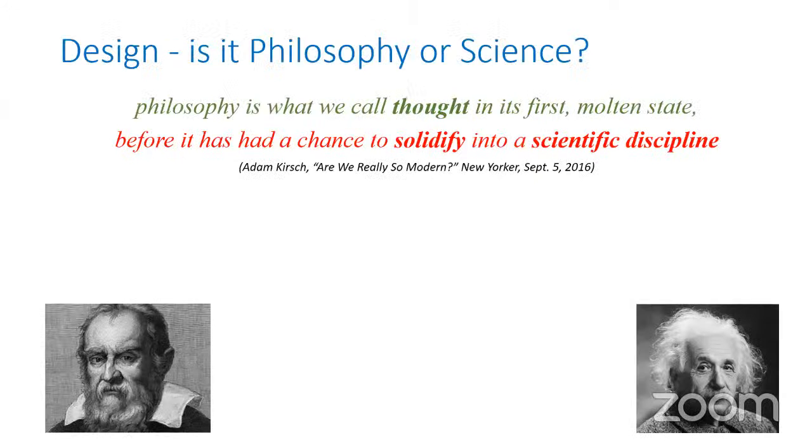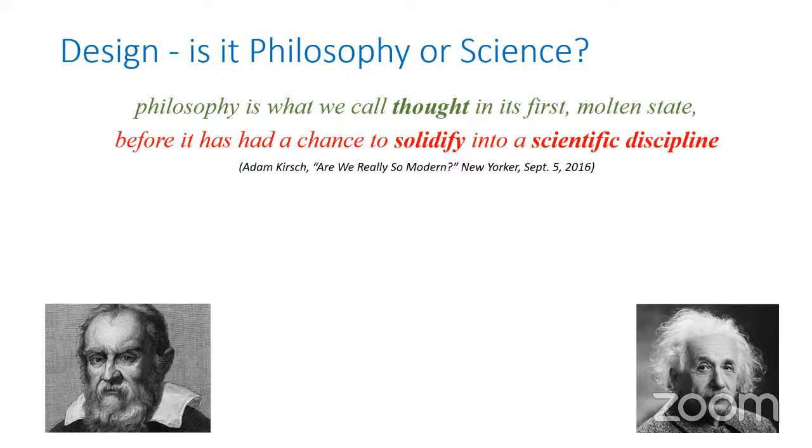so philosophy or science. There is natural history, natural philosophy, and before we had science, it was all kind of philosophy. The idea was, as this guy points out here, that philosophy is what we call it before it's solidified into a science.